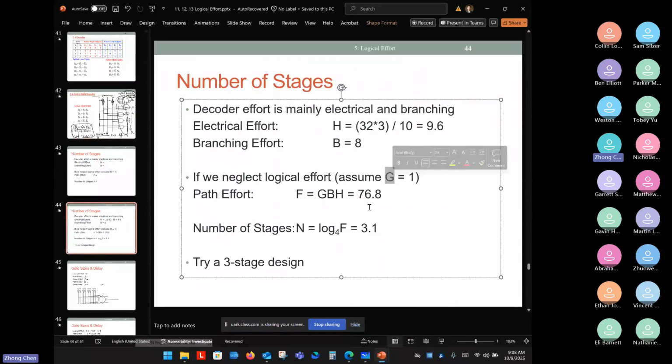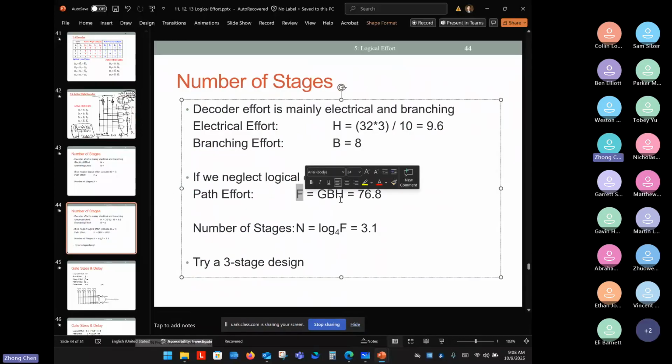So for easy estimation, because I want to figure out the number of stages first before I decide what kind of gate to use, I can just assume G equal to 1 and get a ballpark value of the total path effort, which is F equal to GBH.